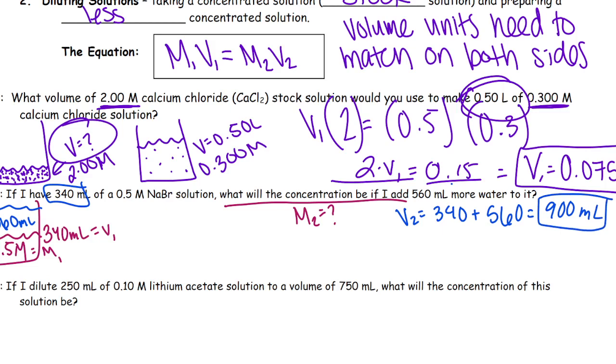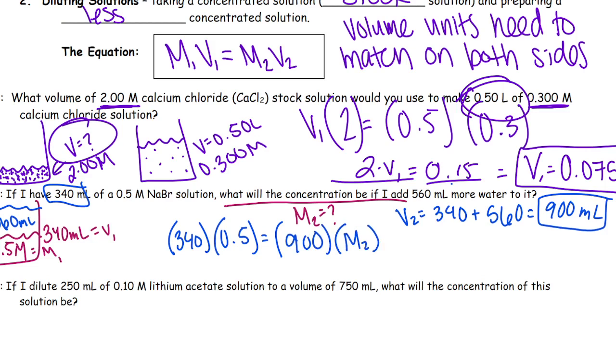And we're looking for the concentration. So I'm going to take the initial volume of 340 times my initial molarity of 0.5, set that equal to my final volume, which is 900 milliliters, times my final molarity, my M2, since that's what I'm looking for.